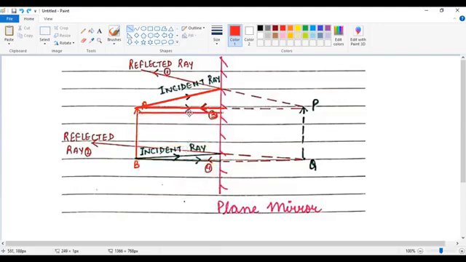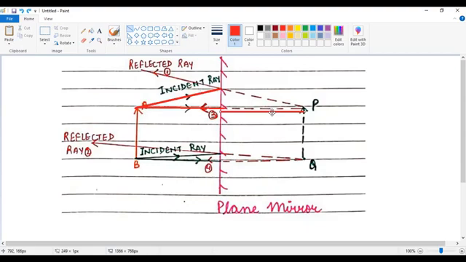So suppose distance between A and mirror is 5 centimeter, then the distance between mirror and image will also be 5 centimeter.